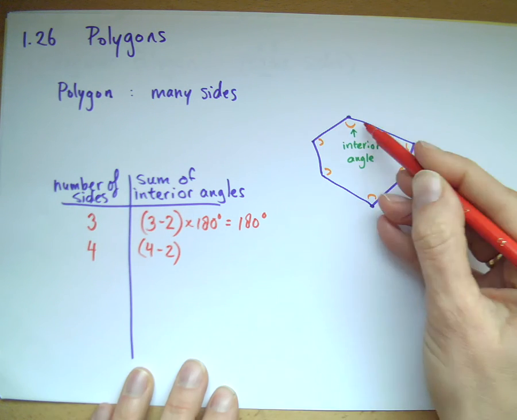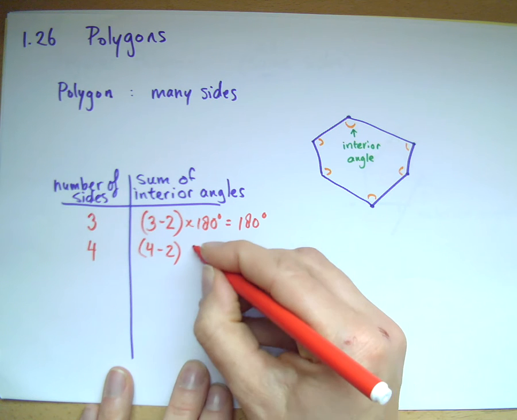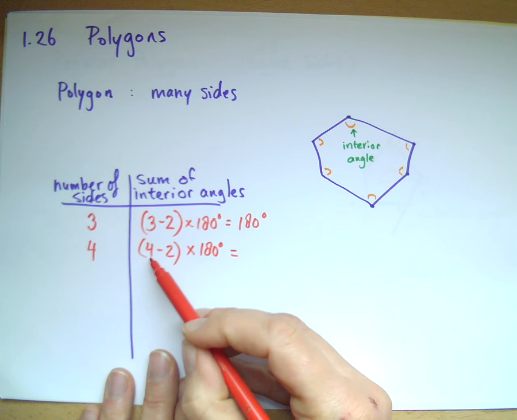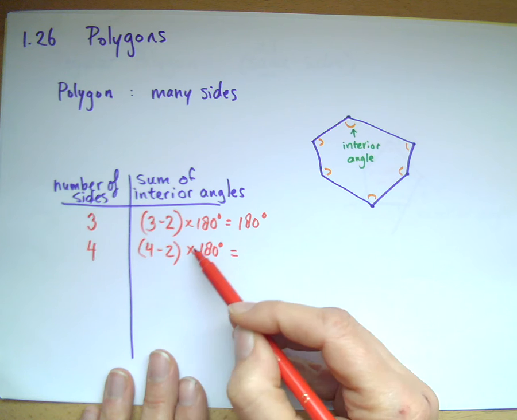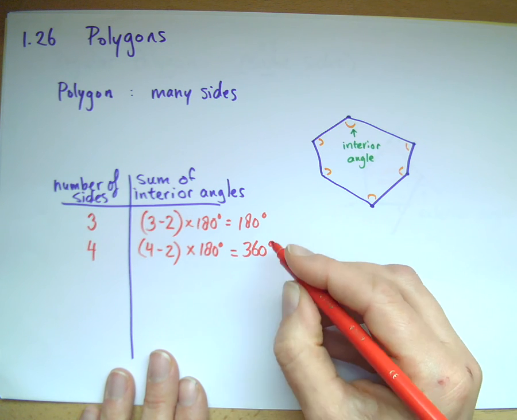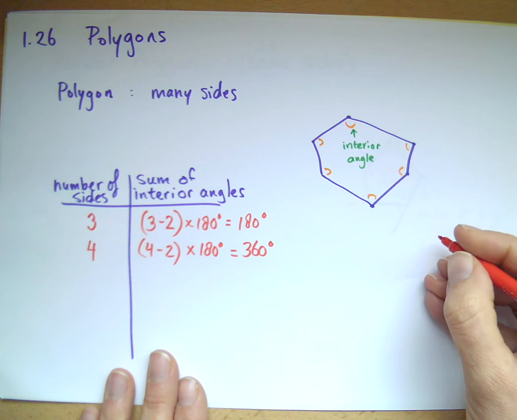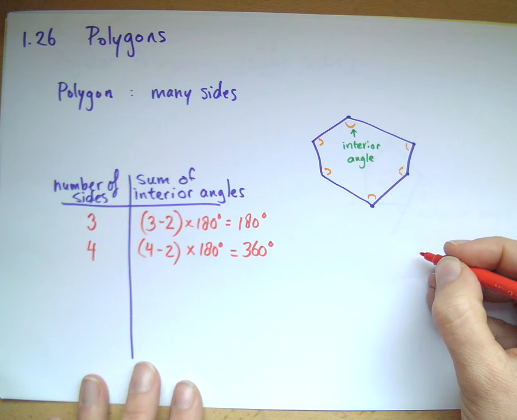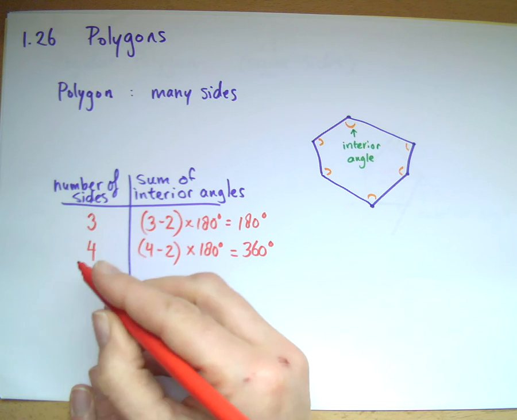It works the same when you have a shape with 4 sides. The angles can all be different, but the sum of the angles is going to be 4 sides minus 2, which is 2, times 180, which is 360. We learned that before, that all the angles in a rectangle, well, in this case a polygon, aren't all going to be 90 degrees necessarily, but still they're going to add up to 360.